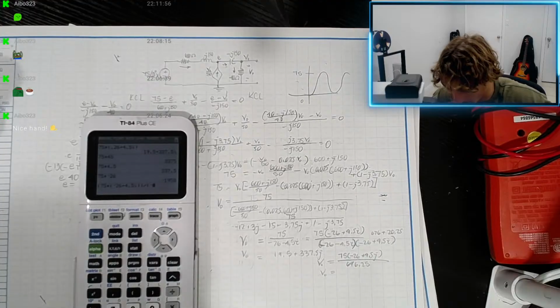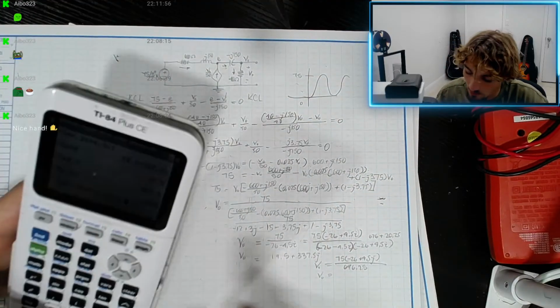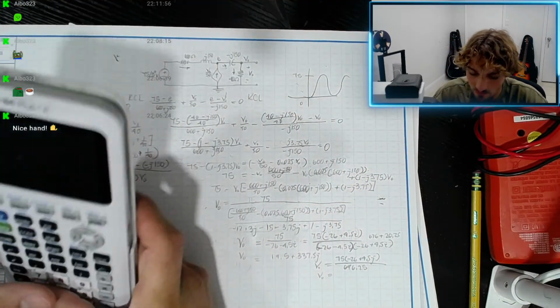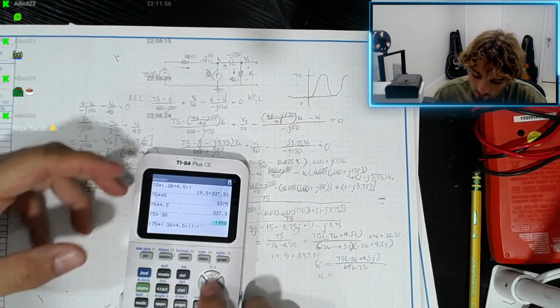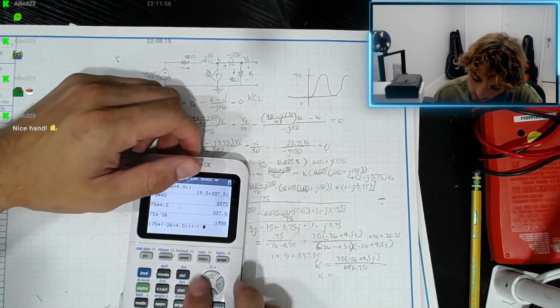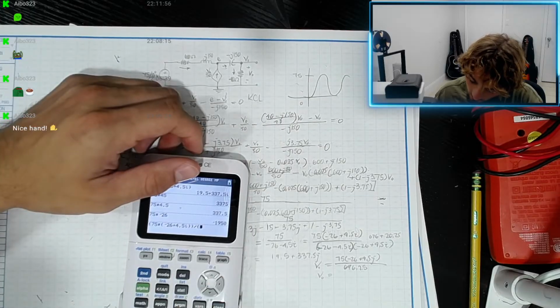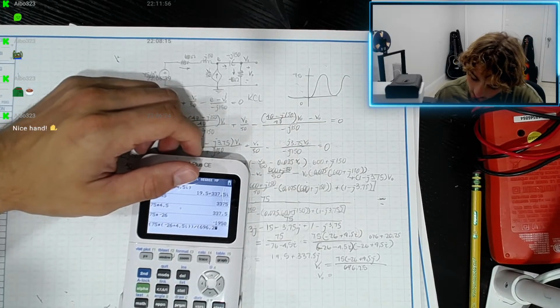Okay. Right now we're doing this divided by, and I just solved for that, 696.25.